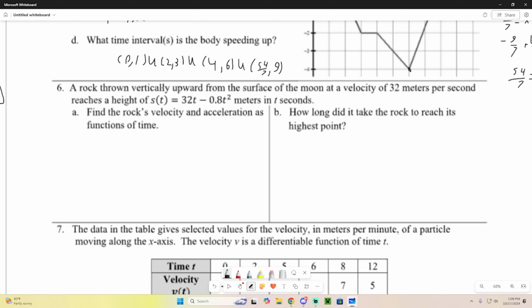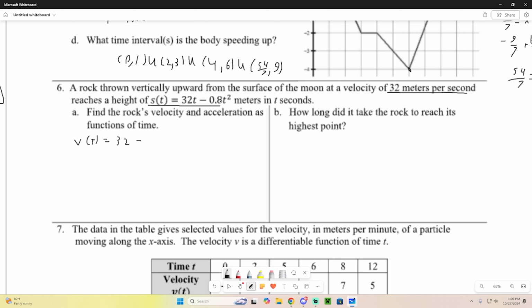Question 6 says, a rock thrown vertically upwards from the surface of the moon has a velocity of 32 meters per second and reaches the height of this function. Find the rock's velocity and acceleration as functions of time. So for that, pretty easy. We just take the derivative of our function for the velocity. The derivative of 32t is just 32.